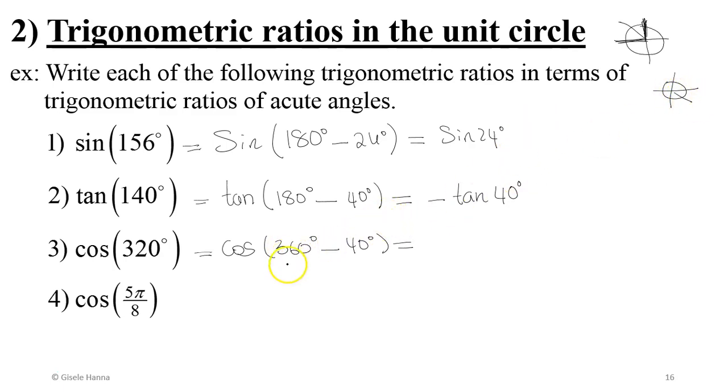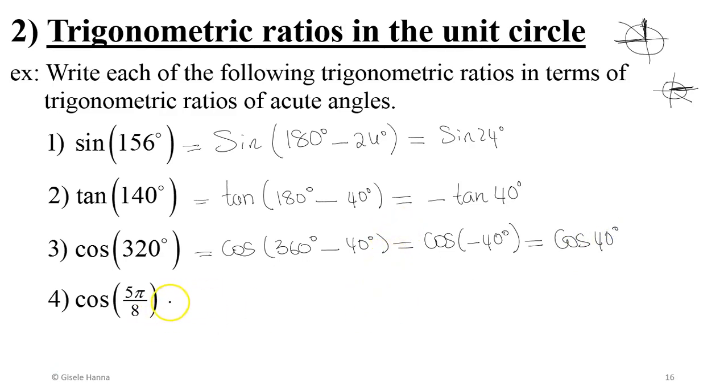Or you can consider that since cosine is 2 pi periodic, it has a period of 360 degrees or 2 pi, then that would be the same as cosine of negative 40, which falls in quadrant 4, where cosine is positive. So that would be plus cosine of 40 degrees.